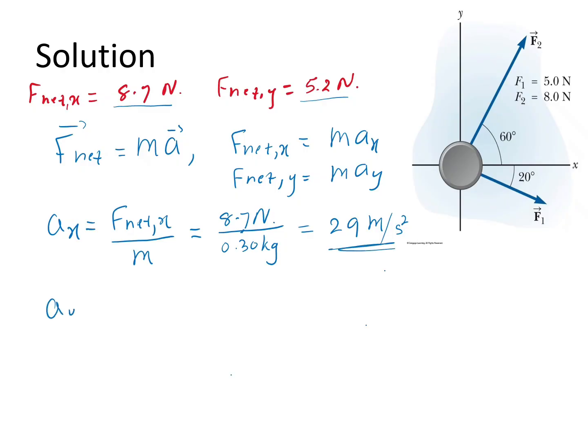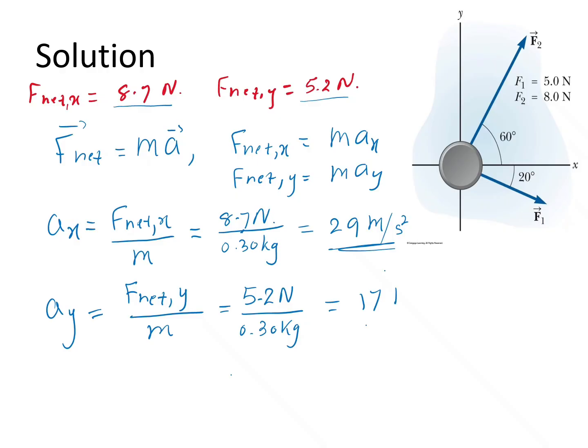To find the y component, use the same thing, F net y divided by the mass. The y net force we found as 5.2 newtons divided by the mass 0.3 kilograms, and that is going to give us 17 meters per second squared.